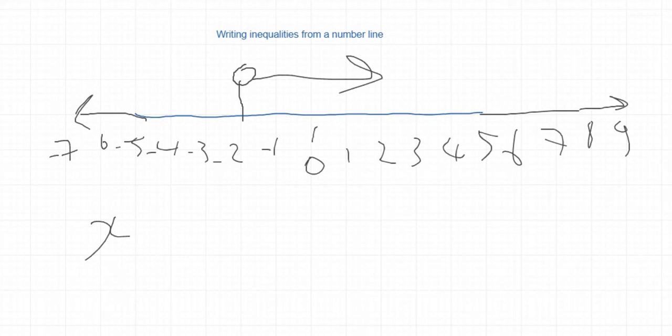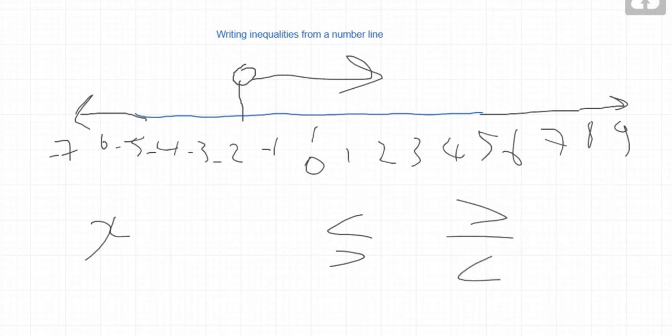Now let us go back to understanding the symbols of the inequality. When we have this symbol, it simply means it is either greater than or less than. And if we had these, which are somewhat different, these are saying it is greater than or equal to, or you could say it is less than or equal to.